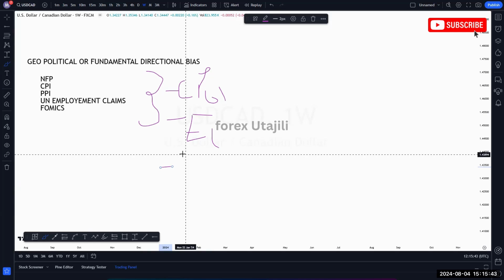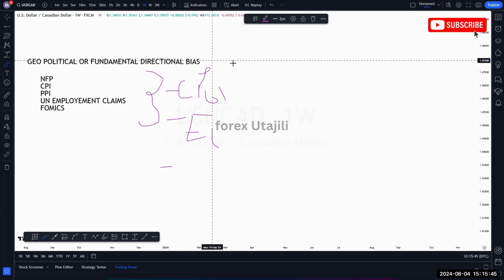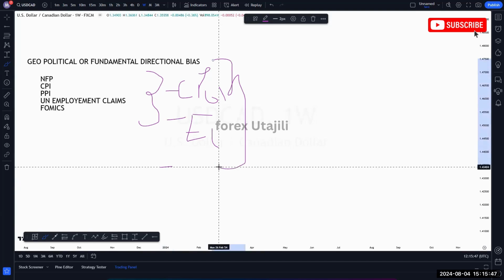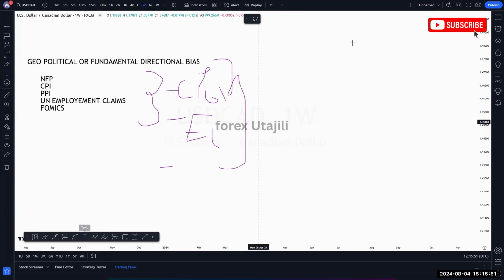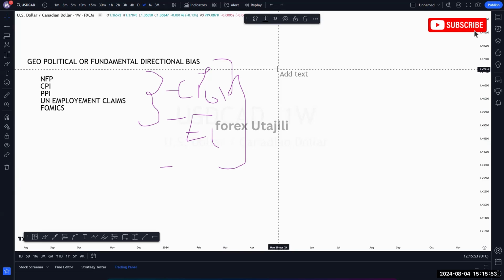Now, whenever we are trading this kind of news, we always trade based on the available areas of liquidity.